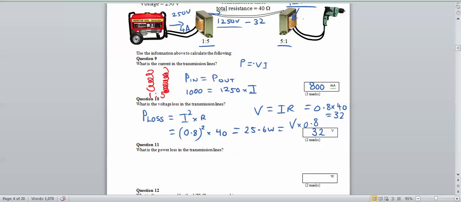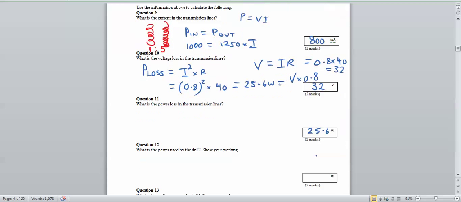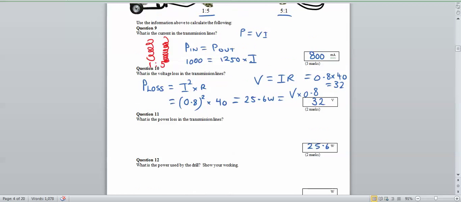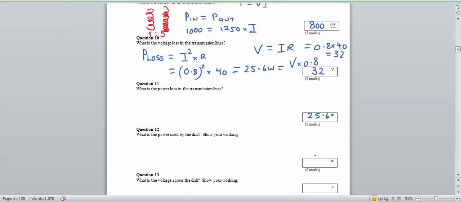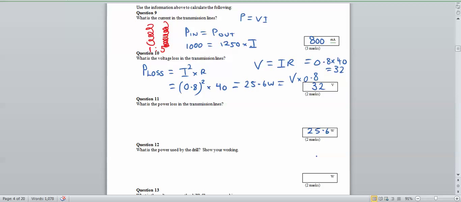So what is the power loss in the transmission lines? Well, we'll just work that out. See above, 25.6 watts. What is the power used by the drill? Well, the power used by the drill is the power after the power loss.